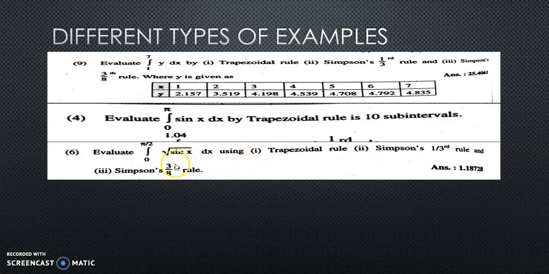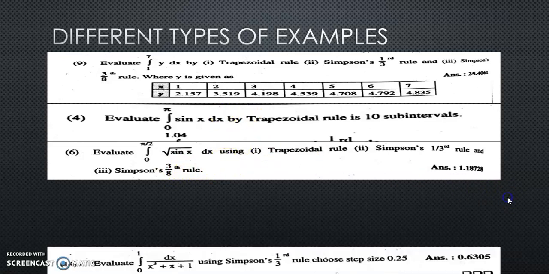Once we calculate h, we can calculate all the x values between 0 and pi by 2 using the increment formula, that is x(i+1) equals xi plus h. Once we find x values, we can find the corresponding y values, denote them by y0, y1, etc. Write down the appropriate formula, substitute the y values, simplify and get your answer.